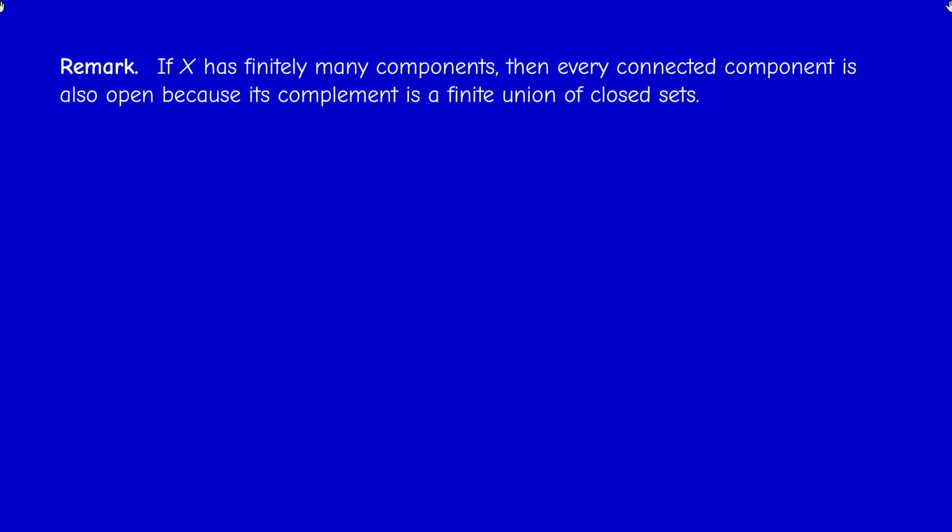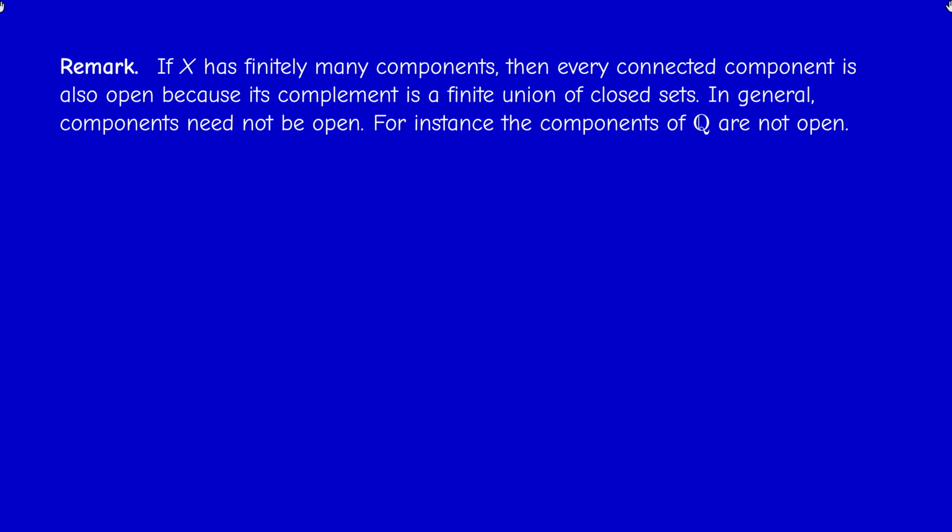You should pause the video and try to find an example of a set having infinitely many components, in R, if you like. You already encountered that example. Now, in general, components, as we said, need not be open.